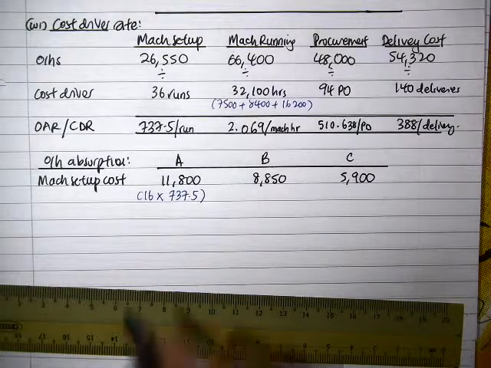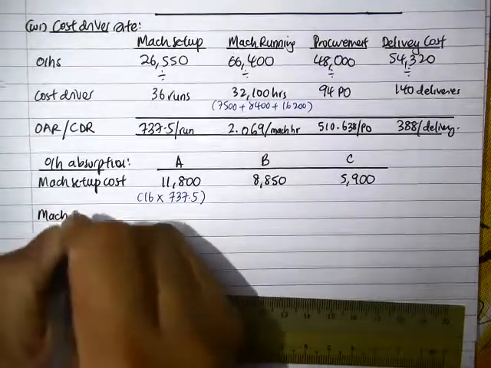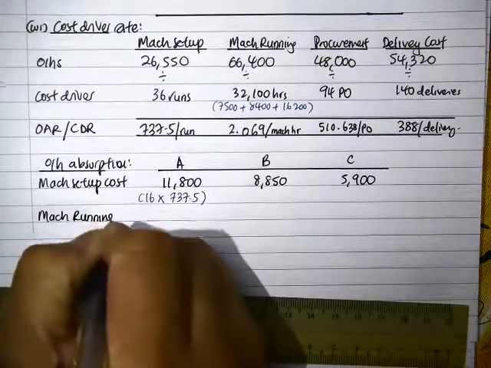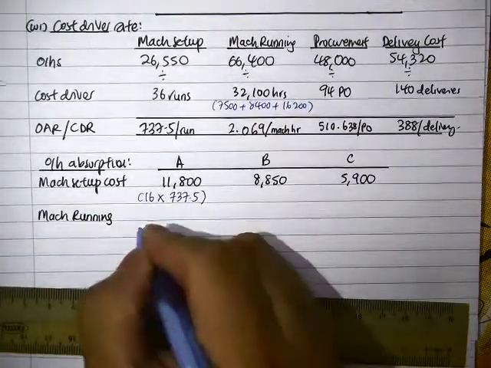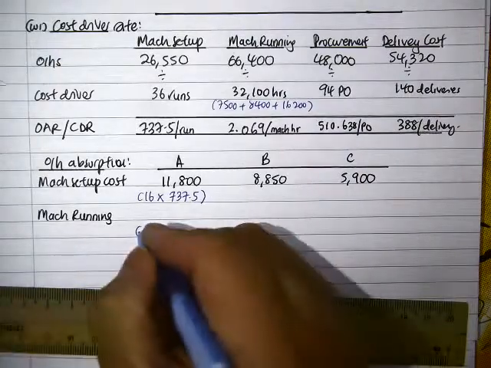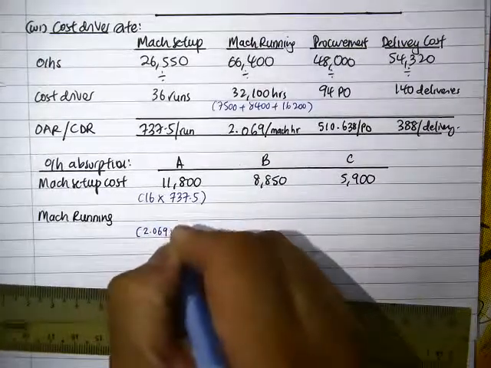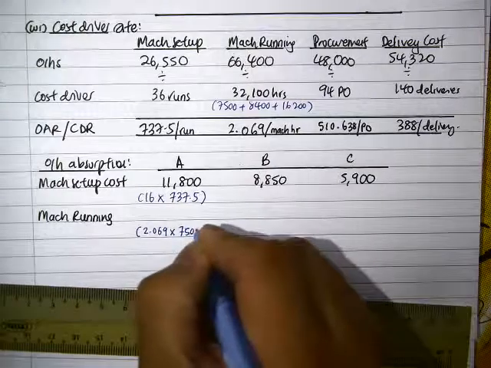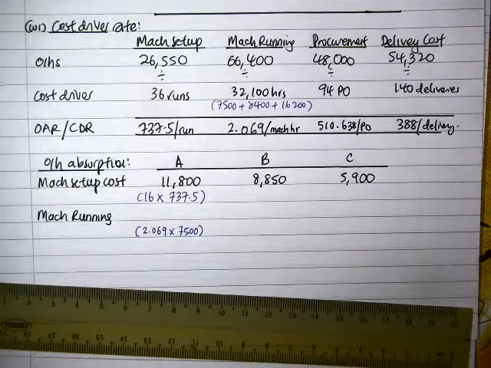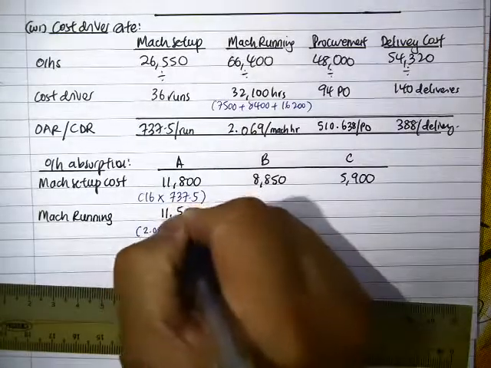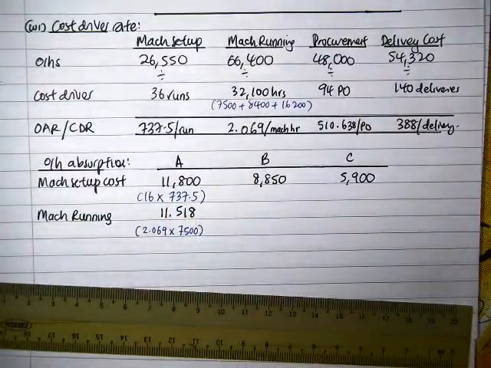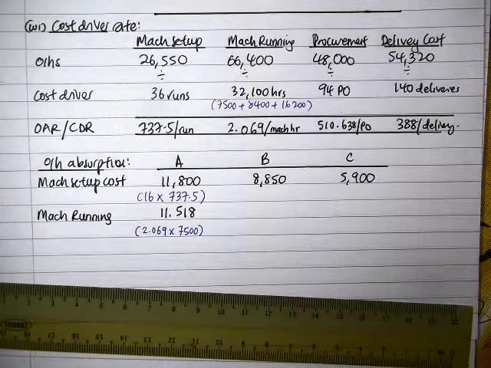Okay, then for machine running, now the rate is 2.069 per hour, and you have 7,500 hours. So we get 15,518. Now I'm just going to round it to the nearest dollar, because anyway after you divide by the number of units, the decimal point makes no difference. Okay. Now there are two ways of doing it.